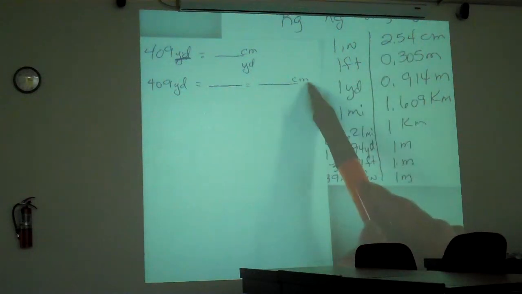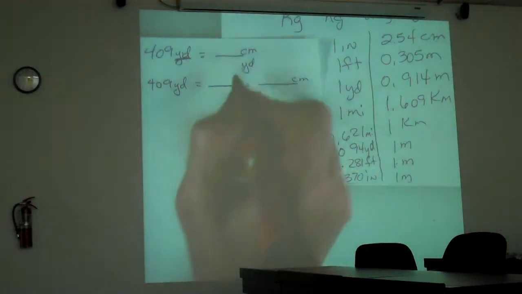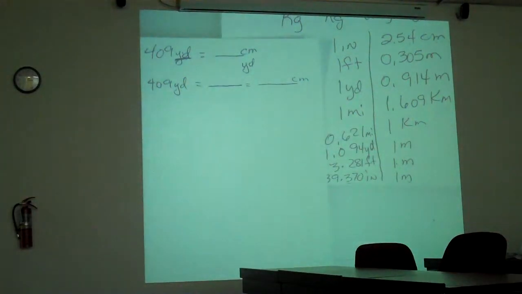To get to centimeters? Can we go from yards to inches? Yeah. What about the last chapter? Didn't it say how many inches are in a yard? 36 inches in a yard, right? If you don't remember the 36 inches in a yard, you'll have to do 3 of them.